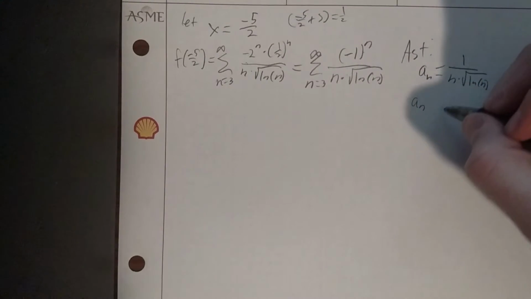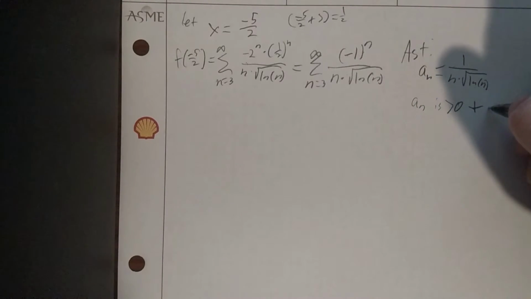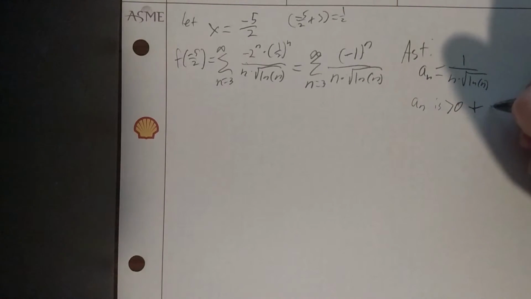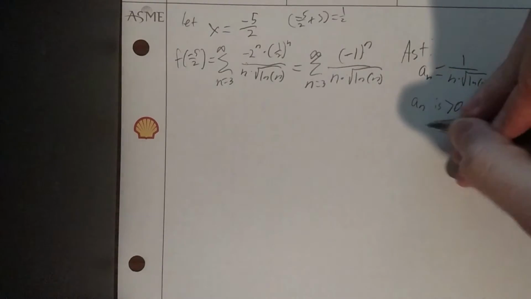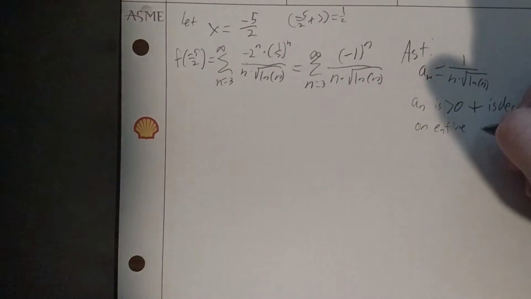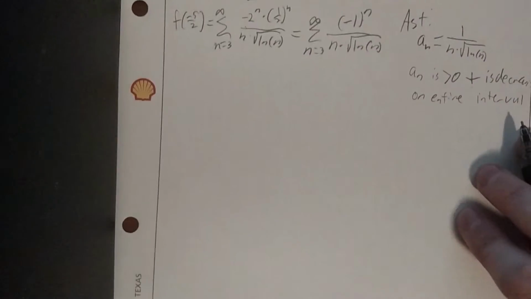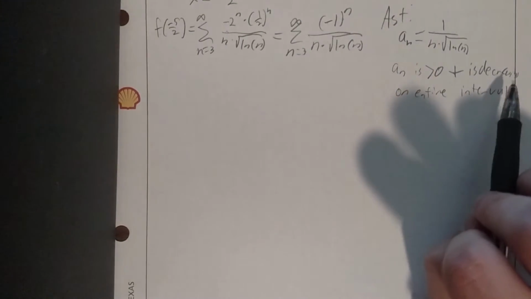So A of n is greater than 0 and is decreasing on the entire interval. Okay, so now with the alternating series test, it is decreasing.